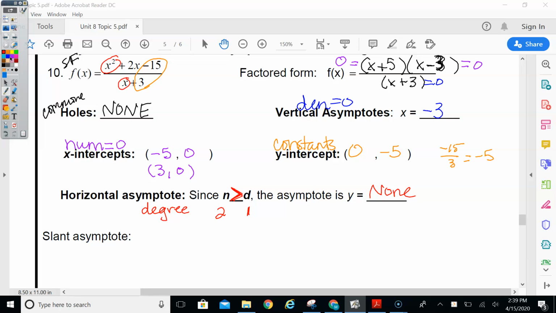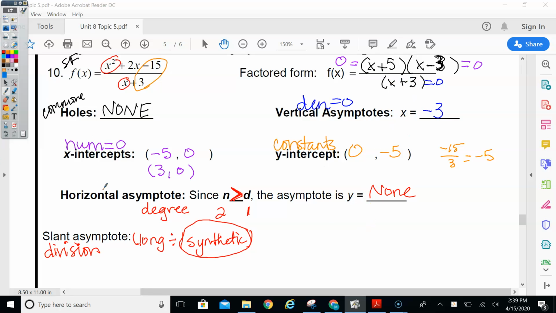And the way we get the slant asymptote is we divide. There's two ways we learned how to divide last semester. We can either do long division or we can do synthetic. Remember, synthetic only works in certain cases. For this one, because it's a linear on the bottom, I'm going to go ahead and use synthetic. But if it's not linear, then you have to use long division.